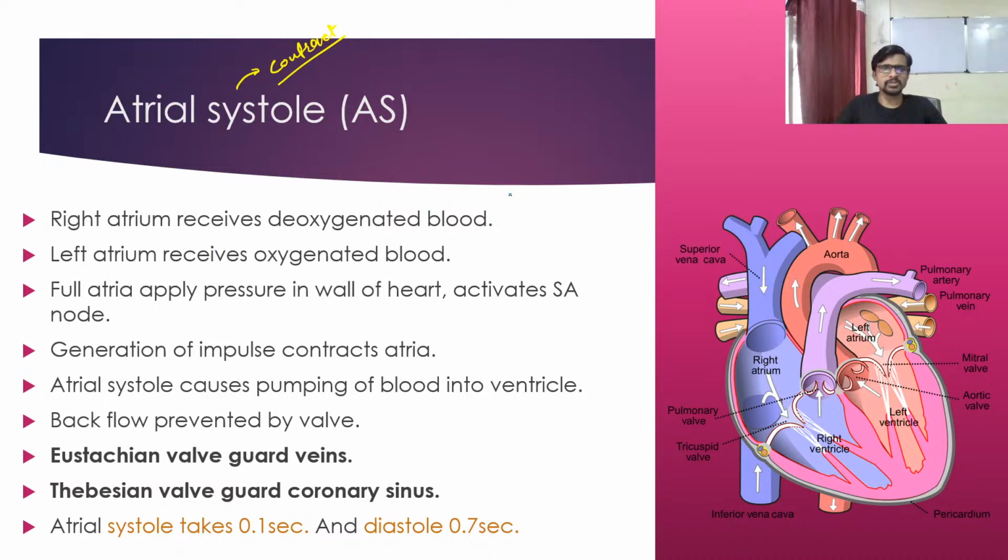Here you can see the right atrium, which is receiving deoxygenated blood from the lower part of the body. We call it the inferior vena cava, which is coming from your kidney, toward the liver, and then coming toward the heart.